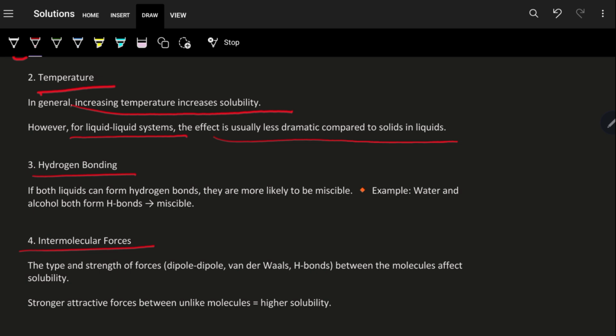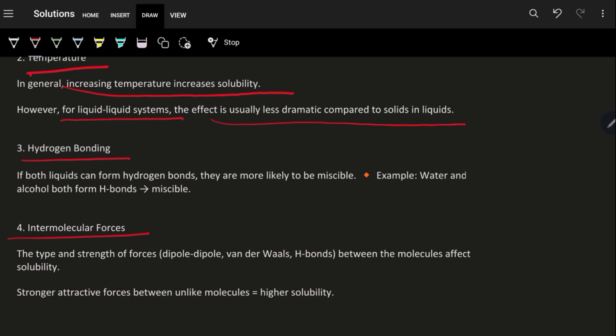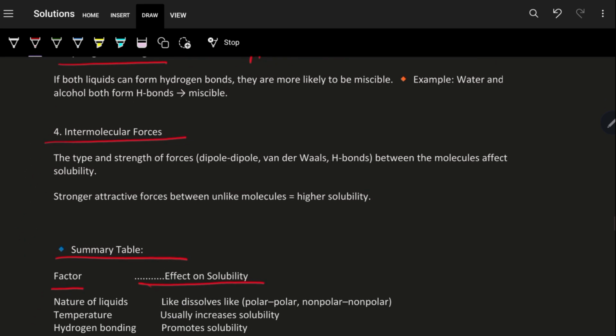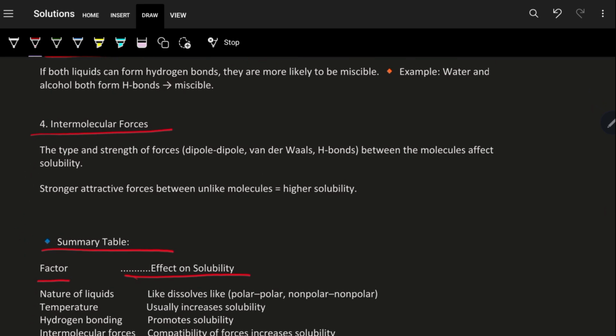Hydrogen bonding, I have already told you, water and alcohol forms intermolecular hydrogen bonding, which gives a stronger interaction between solute to solvent, and so it is miscible. It increases the solubility. Intermolecular forces, type of interaction. If the interaction between solute and solvent is a stabilizing interaction, solubility will be more.